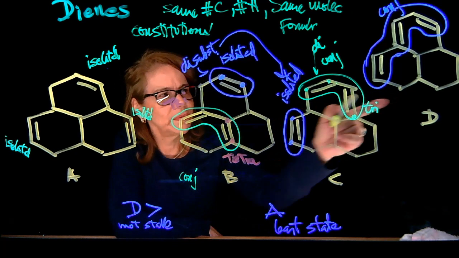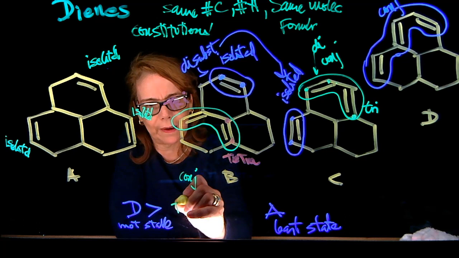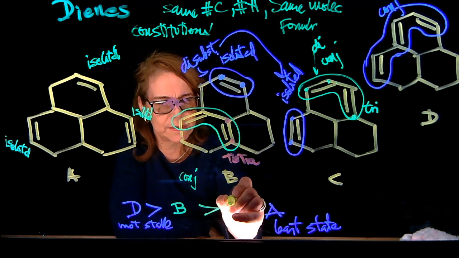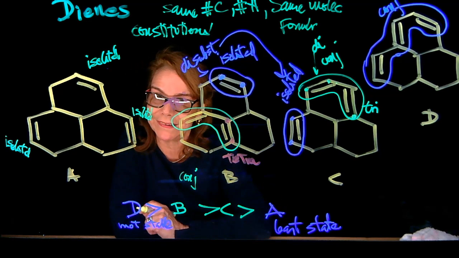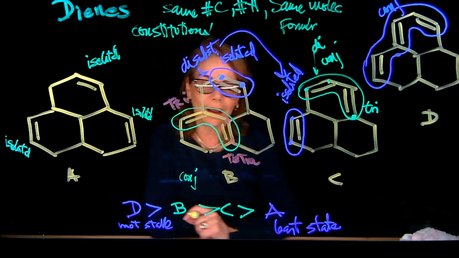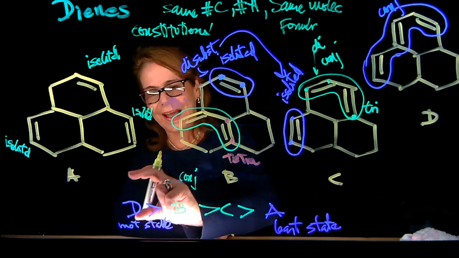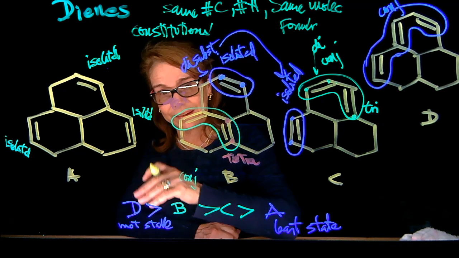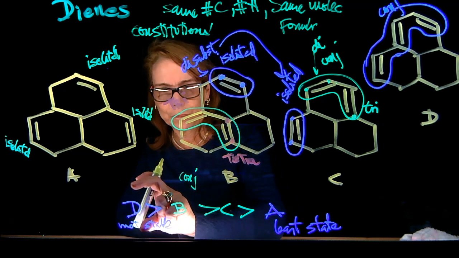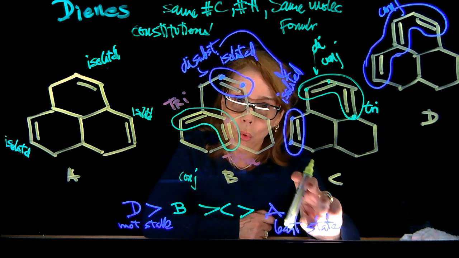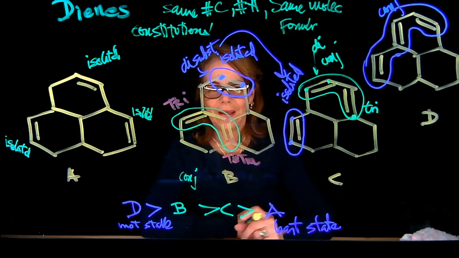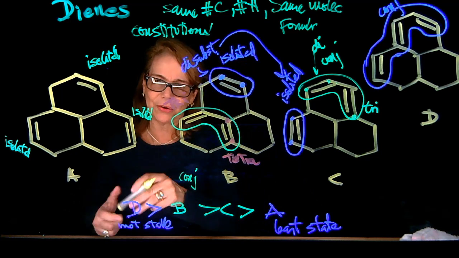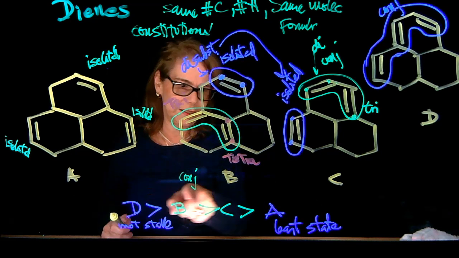So the most stable is D, followed by B, and then C, and the least stable is A. In terms of heat of hydrogenation, the reaction is exothermic, but the more stable molecule will evolve less heat, so it has a lower heat of hydrogenation. Stability is decreasing from D to A.